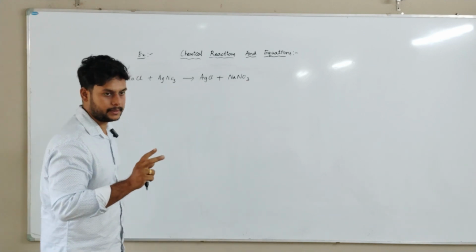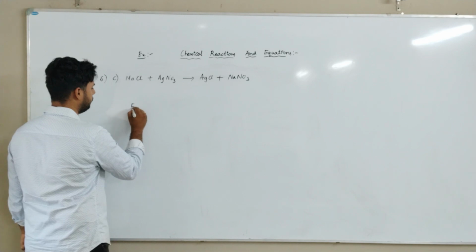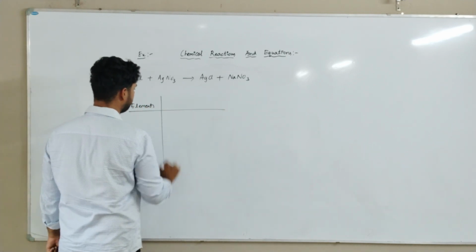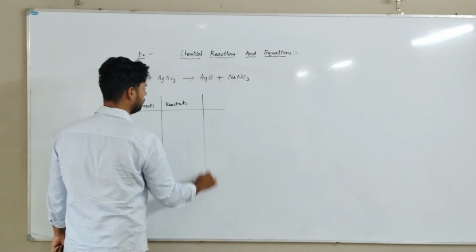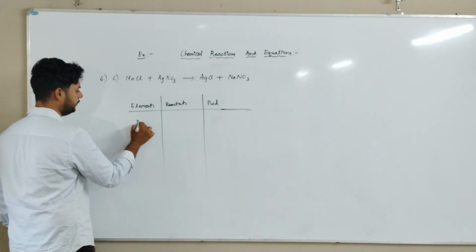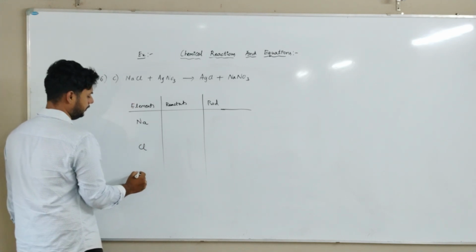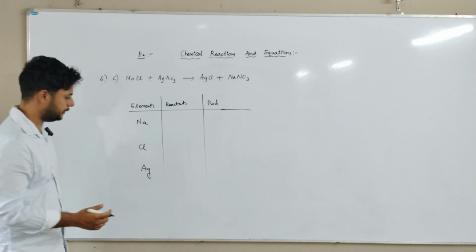Okay. Separate if I should tell. So elements, reactants, products. Elements, I have sodium, Na, I have chlorine, Cl, I have Ag, silver, Ag means silver, okay.